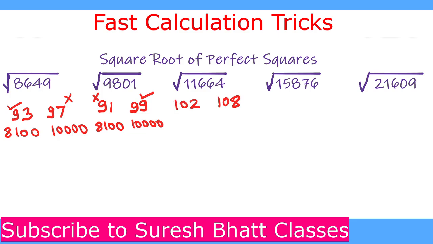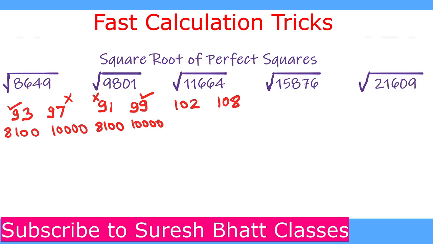Thus either 102 or 108 is the square root of 11,664. Applying the rule, the numbers ending with 0 and close to these numbers are 100 and 110.